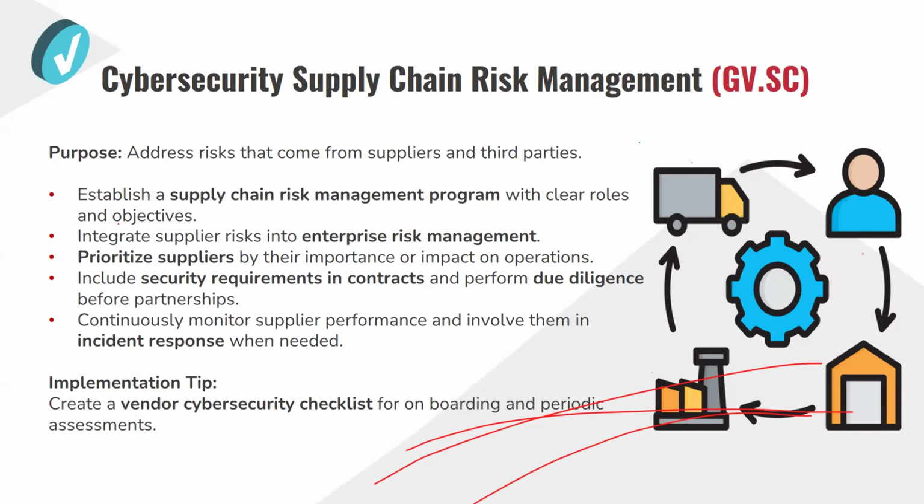If anything happens, you have to hear of it first so that you know what to do. This is what we normally call supply chain risk management: listing your suppliers, prioritizing them, and doing due diligence before you partner with anyone. You don't just partner with anyone who doesn't have anything in place to secure themselves from cybersecurity attack.